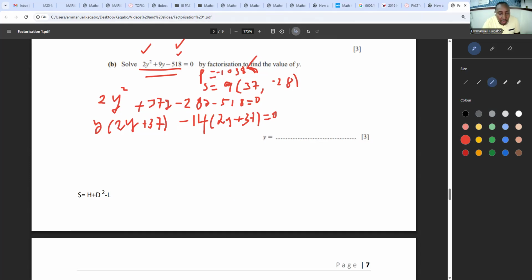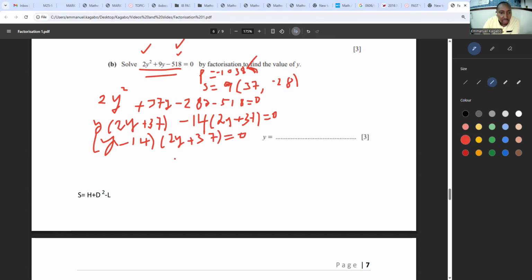Good. Now, when you reach here, what happens? It will be (y minus 14)(2y plus 37) equal to 0.